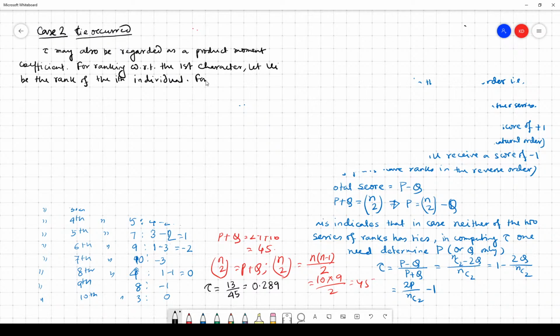For the pair i, j with i less than j, we define aij as aij equal to 1 if ui less than uj and minus 1 if ui greater than uj.